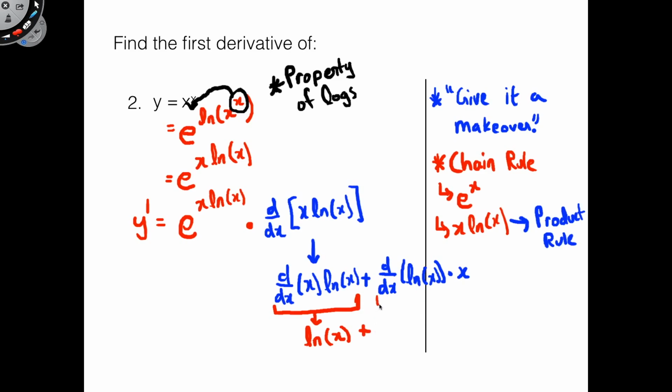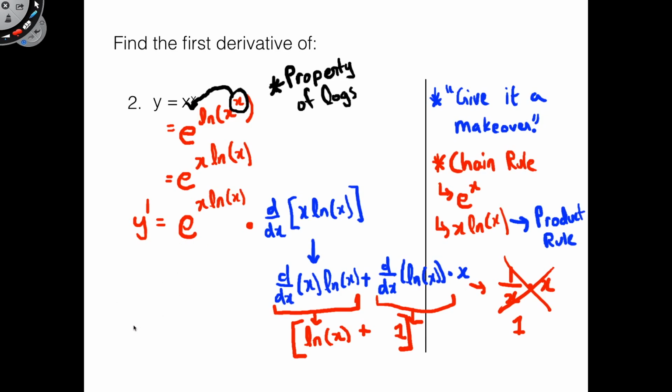Plus, the derivative of all that is actually going to eventually come out to 1. And that's because what you do here is you've got 1 over x, right? The derivative of natural log of x is 1 over x times x, because of that x out there. So these two are going to cancel out, and you're just going to be left with 1, right? So that's where the 1 comes from. So this natural log of x plus 1 is the end of that product rule.